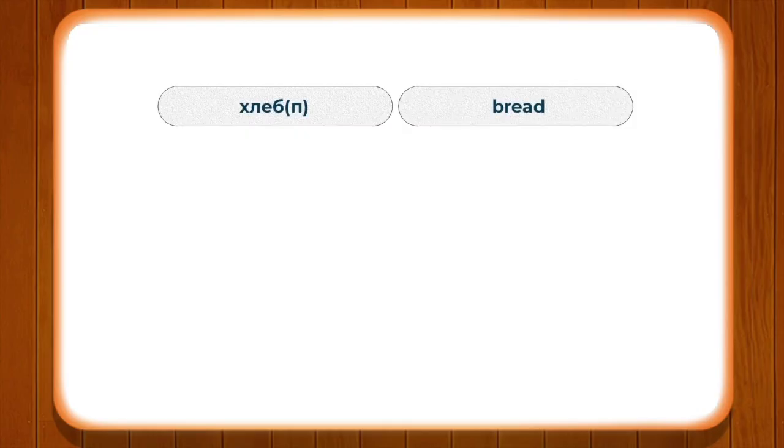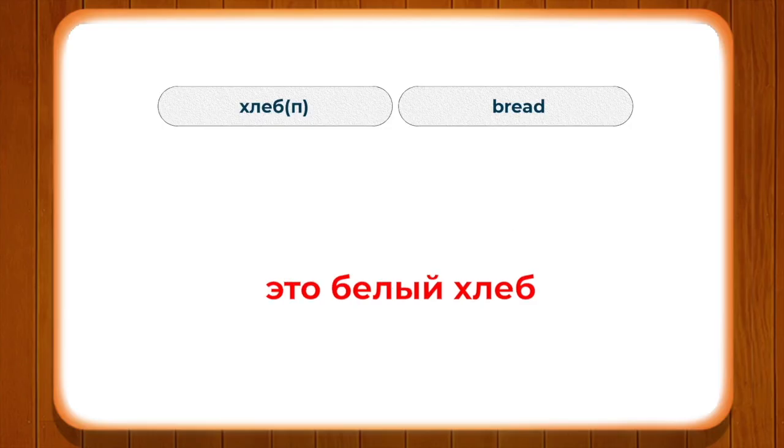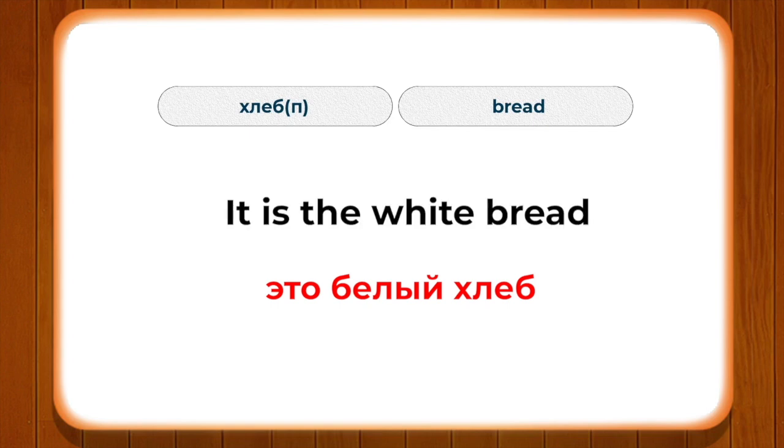Now if you want to say khleb, which means bread. If you want to have white bread, so for white, what do we have? We have word beliy, because khleb is a masculine gender word, so beliy, eto beliy khleb, so it is a white bread. So accordingly you can also make your own sentences.